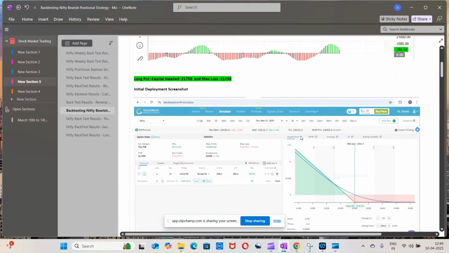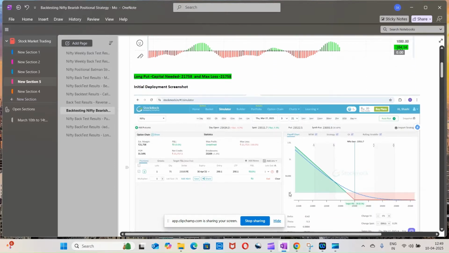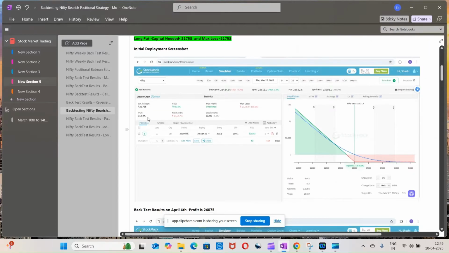Coming to the different strategies we could deploy: a long put, which is a naked put, and the capital required is very little here, 21,758. Max loss, you could lose all your capital or a portion of it. So the initial deployment is 21,758, the max loss is the same amount, and the probability of profit is 31%.